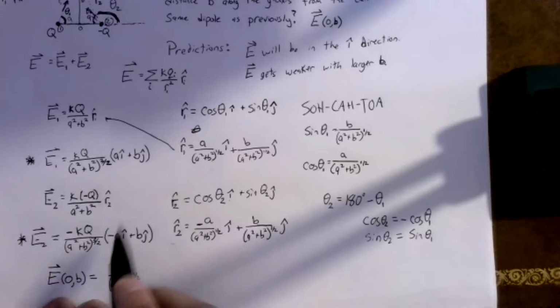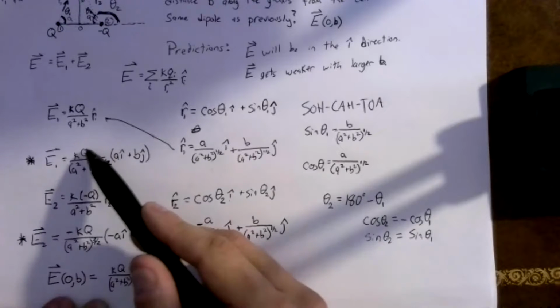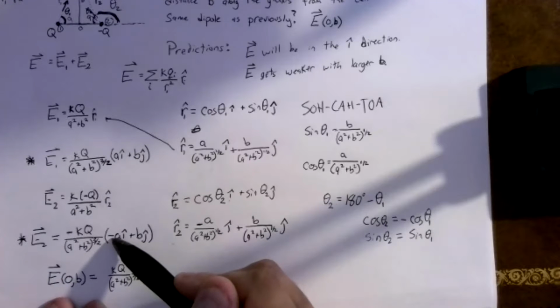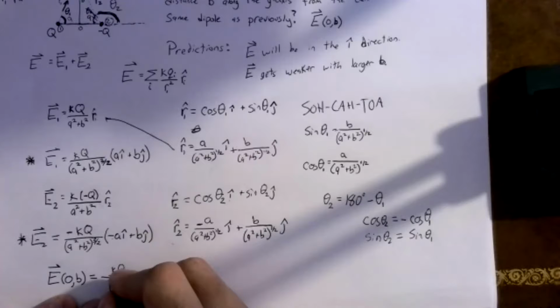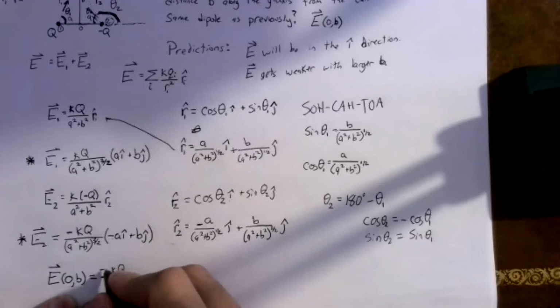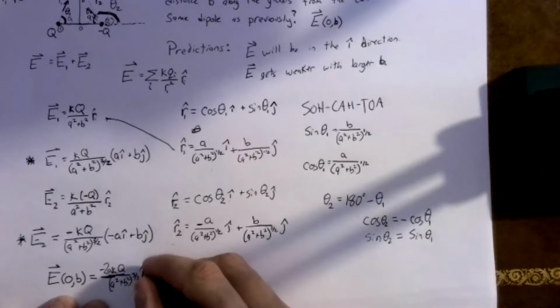Well, careful though, because in this one, remember this minus sign here. So when we add them together, we've got A hat minus, all the way around. Two I hats. The I hats add together so that we get two of them. So we have 2A times KQ over that denominator times I hat.